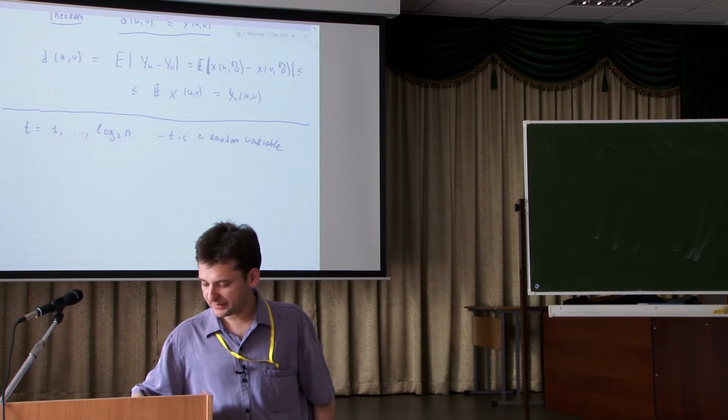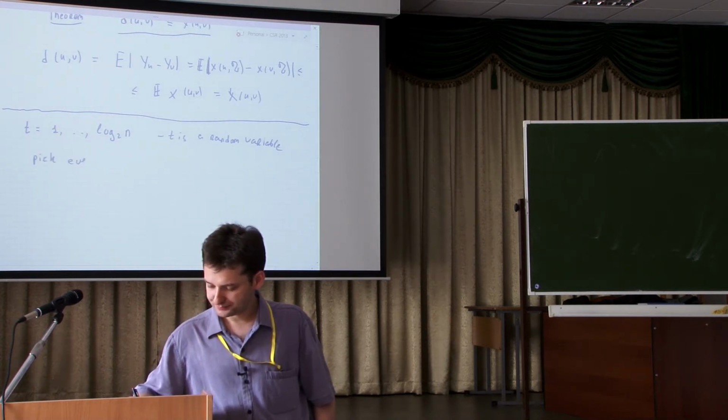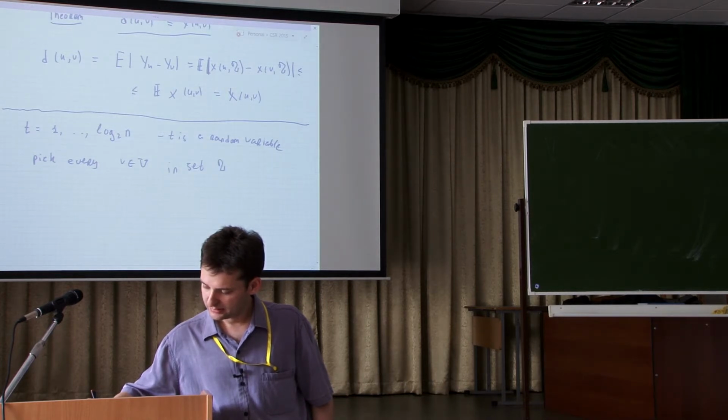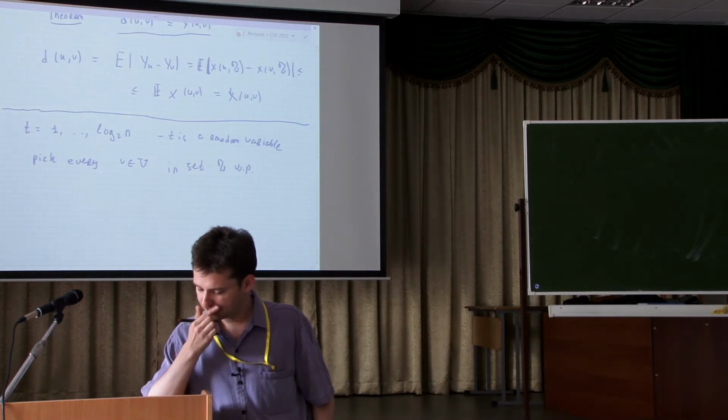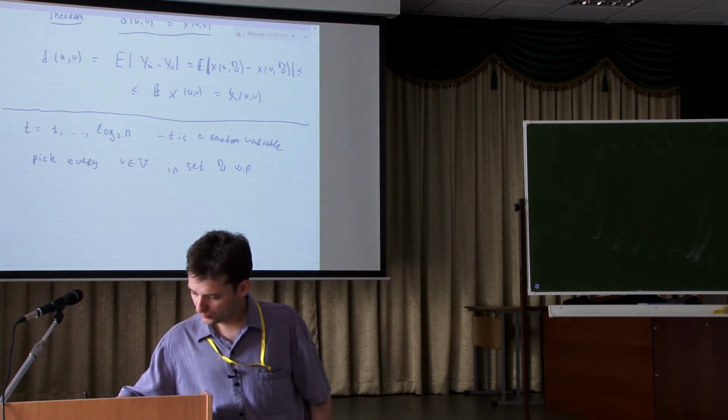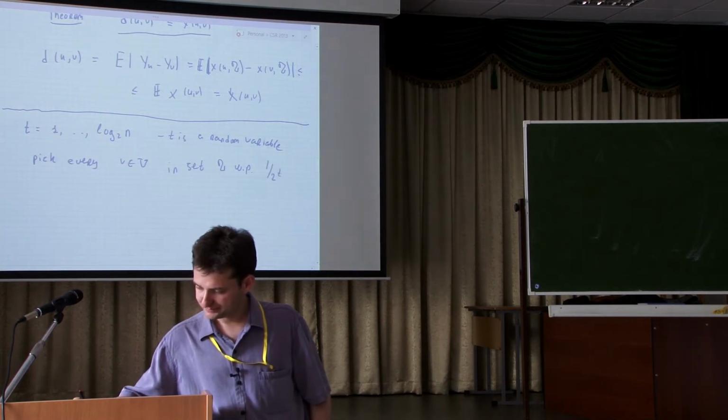And then let's pick every vertex v in set z with probability 1 over 2 to the t.